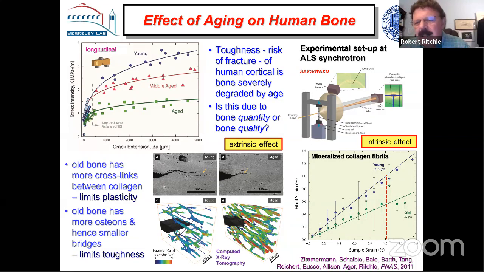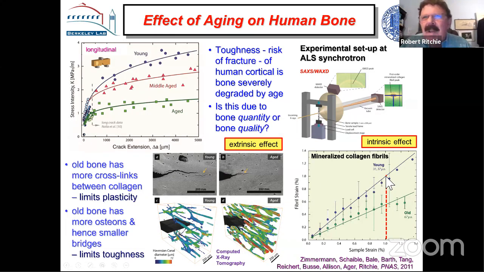So during a tensile test in bone, we can measure the regular strain in the bone, but we can actually measure the individual strains in the collagen versus the mineral. So what I'm trying to plot here is the strain in the collagen versus the strain in the sample. So let's just take an example at 1% strain, macroscopic strain in the sample. In young bone, most of that strain is carried by the collagen.